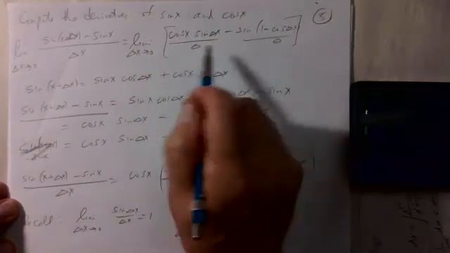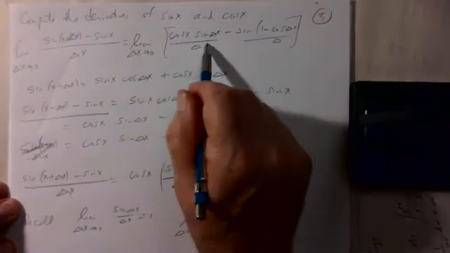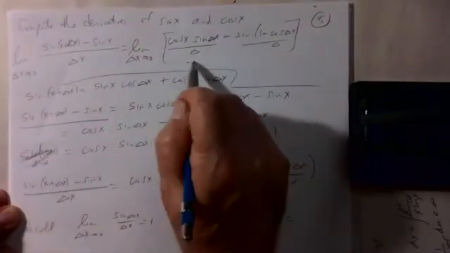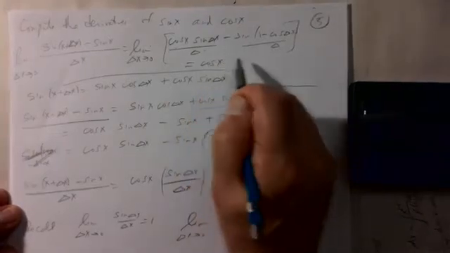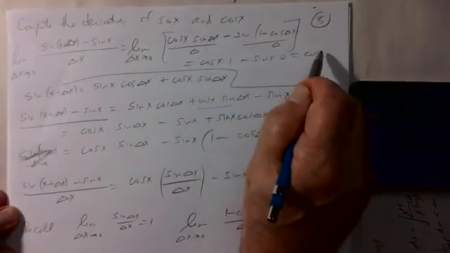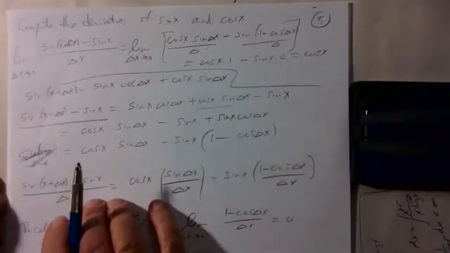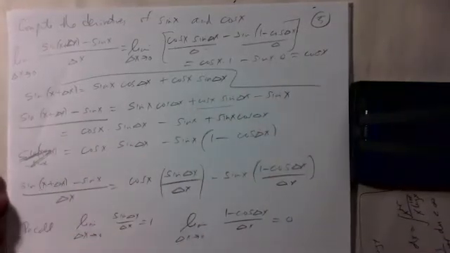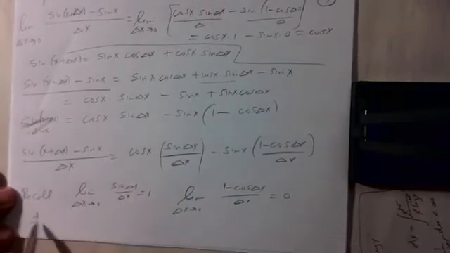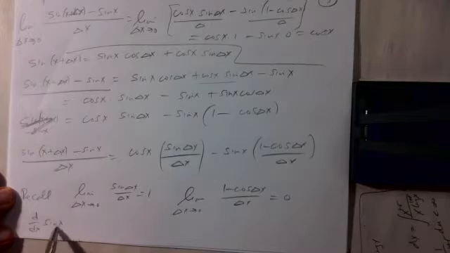So when I take this limit, I get cosine x times 1 minus sine x times 0, which is just cosine x. So this proves the very fundamental theorem, if you like. The derivative of the sine of x is the cosine of x.